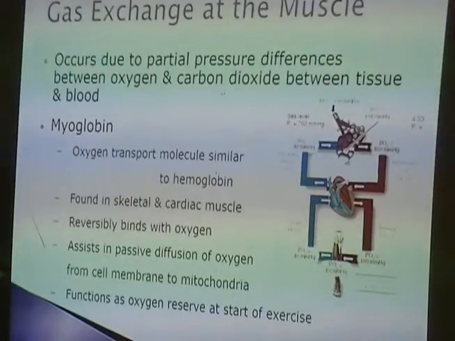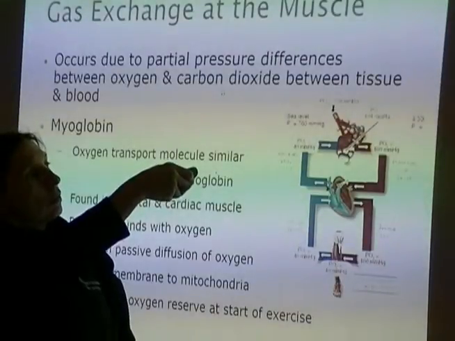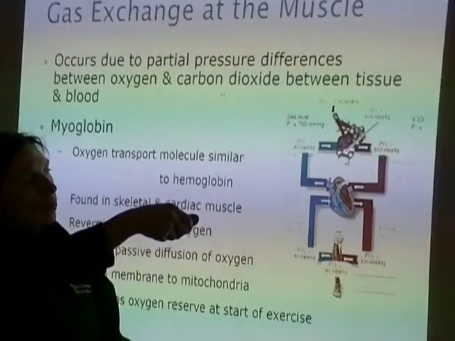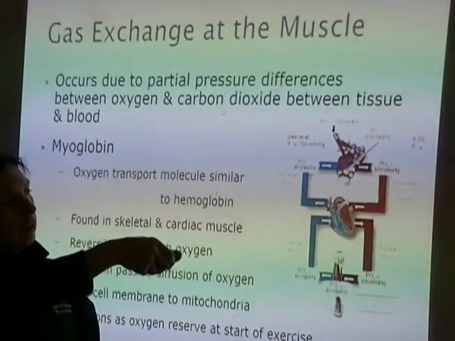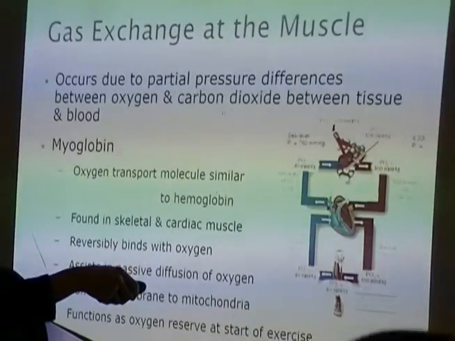So when we look here, my sea level into my lungs, out of my lungs into my bloodstream, round to the heart, around, here's my 100 that we had on the other diagram.